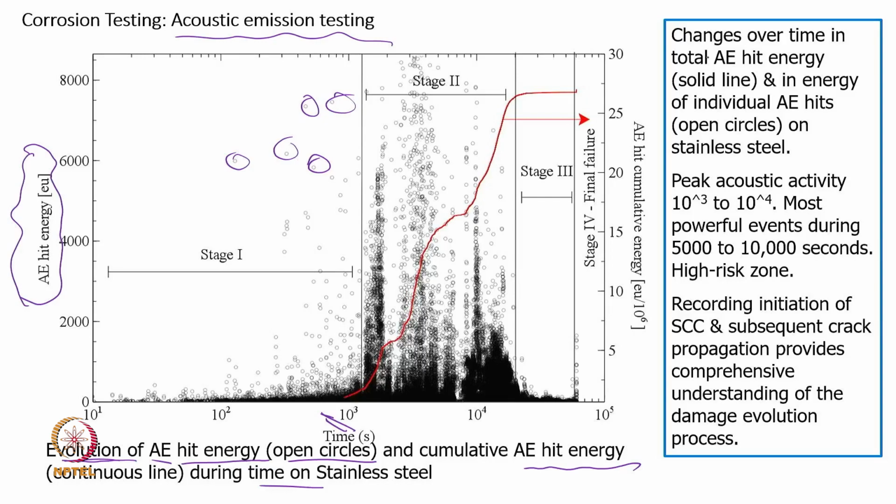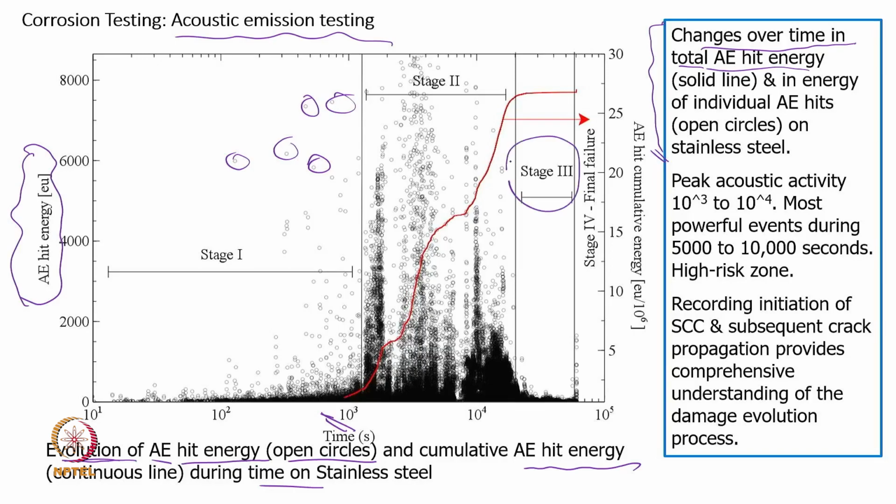So, what really comes out as the diagnosis from this is that the change over time in the total acoustic emission energy needs to be tracked, and it will indicate what kind of failure is going to happen, and if it is a different kind of failure, then what is the stage of the failure.